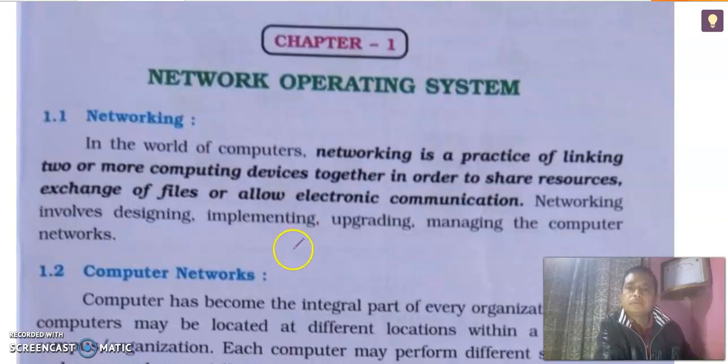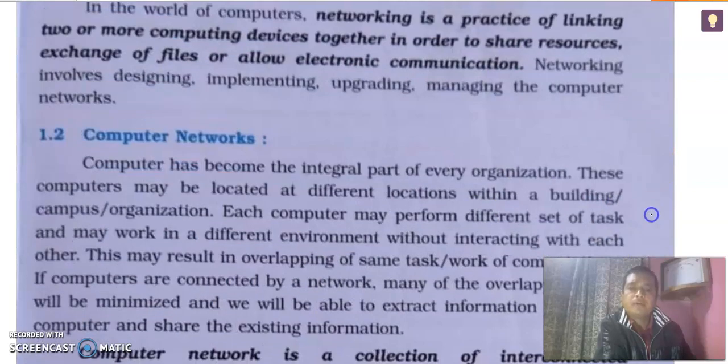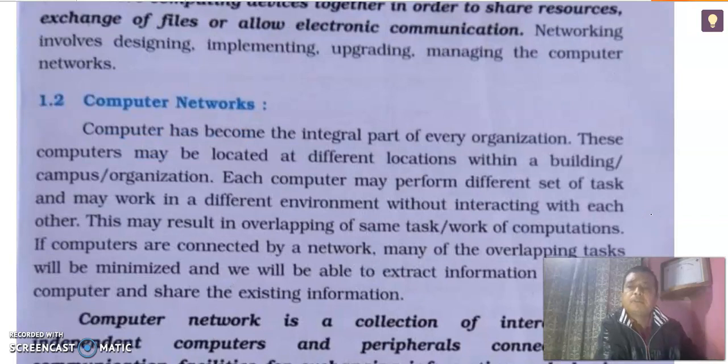Reading ahead, a computer network has become an integral part of every organization, and these computers may be located at different locations within a building. Now we are discussing the geographical distance of a computer network. It may be a very small network, which is called a PAN or personal area network, in which we can connect all the local computers within a room.